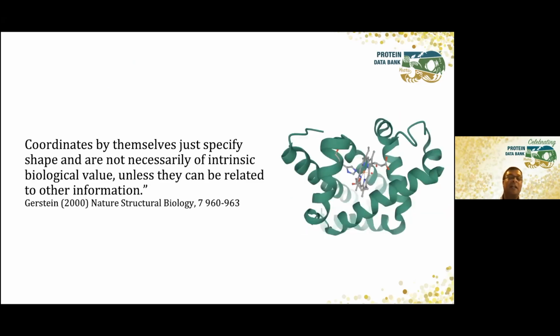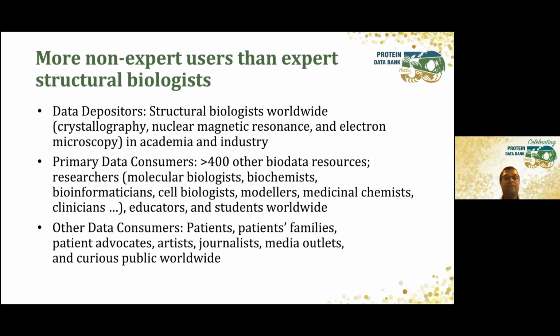So we understand that there is a heme, it's interacting with histidine, etc. And so coordinates themselves are not sufficient. You need to have additional data to make sense of it. And this is even more important because most of the users PDB has are non-structural biologists. They are not experts in structural biology.